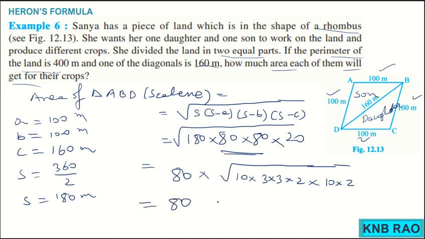Which means for the pair of 3's one 3 will come out, for the pair of 2's one 2 will come out, for the pair of 10's one 10 will come out. Now 80 into 3 into 2 into 10 is 4800 meter square, which is the area of triangle ABD. So how much area each of them will get for their crops can be concluded. The area that each will get is 4800 square meters.